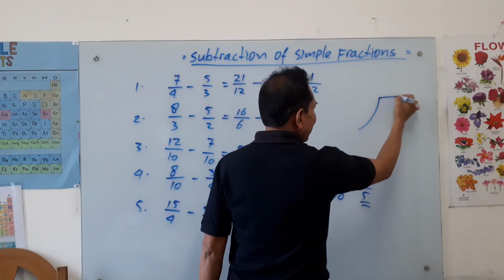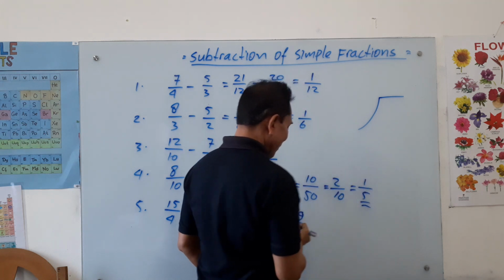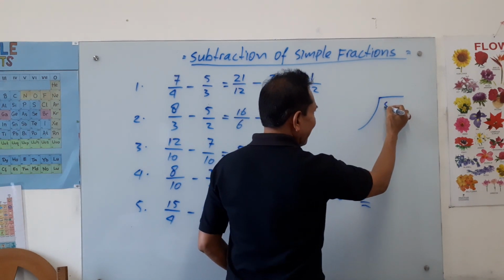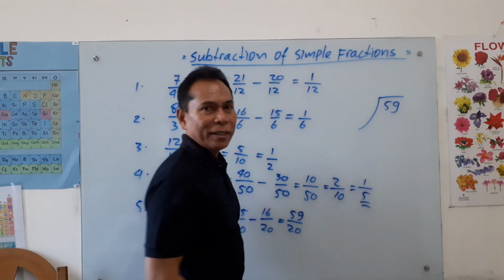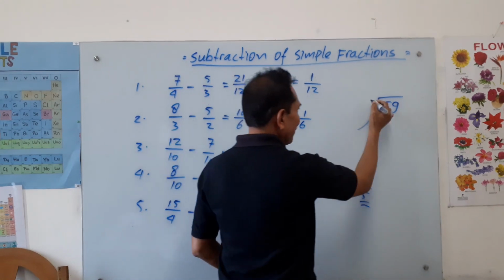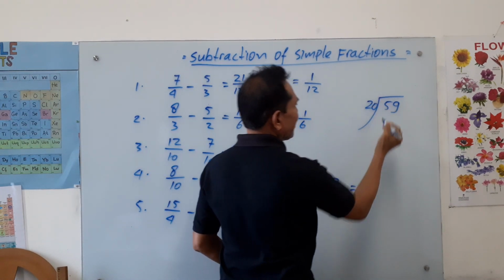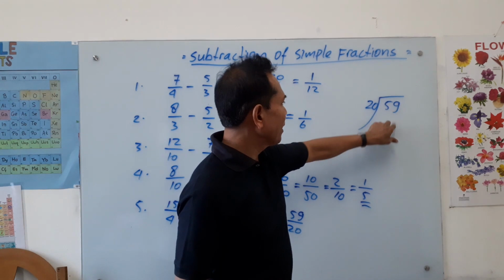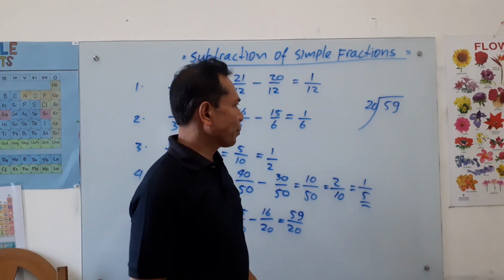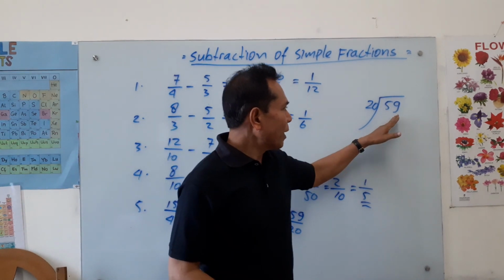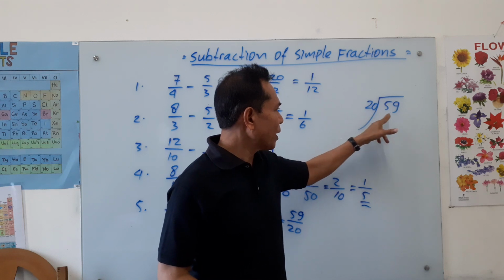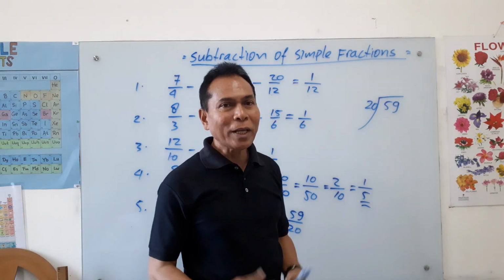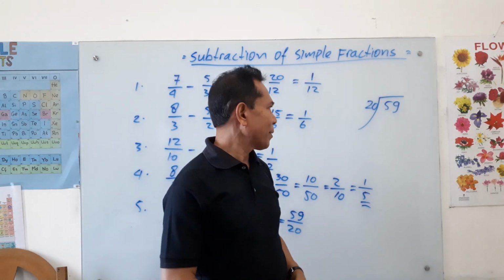We draw this. We take your 59 and put it in here, children. And your denominator you put out here. So 59 divided by 20. Now, if you look at this here, 59 and 20, this one is bigger than this one. So we can easily divide.